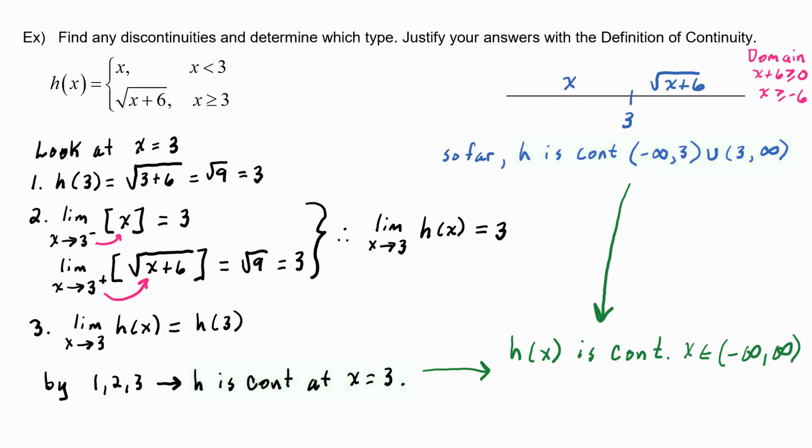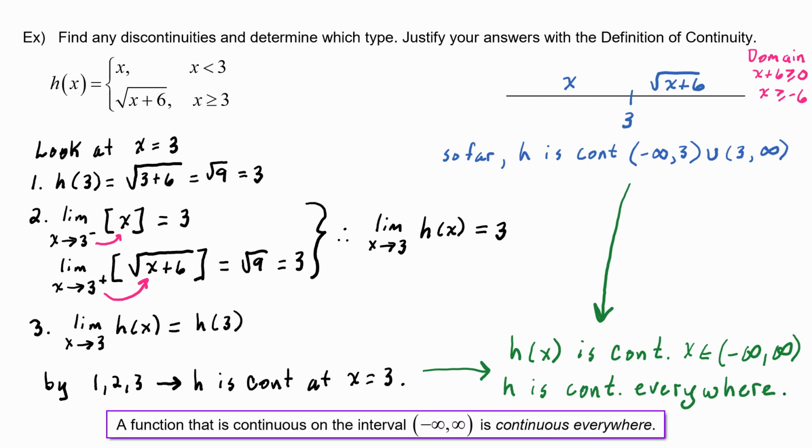Or another way we can say this is h is continuous everywhere. Remember, we learned a little definition earlier where if a function is continuous on the open interval from negative infinity to positive infinity, we can say that function is continuous everywhere.